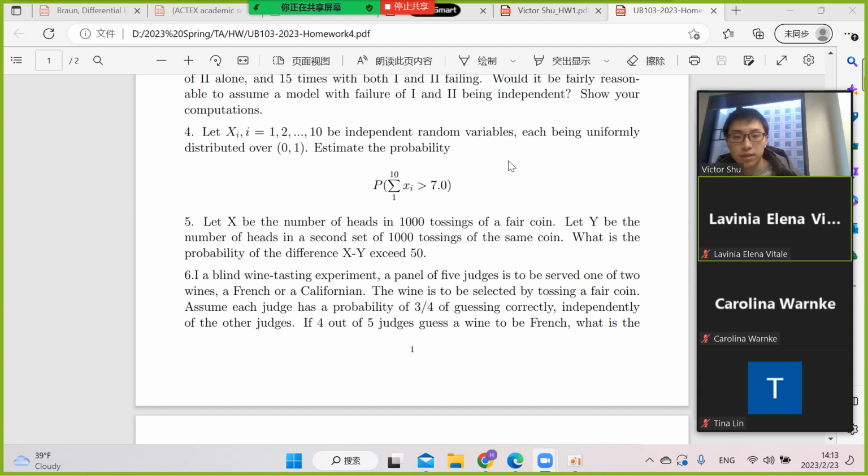Here we're going to utilize another formula, which is the variance of a plus b or a minus b is simply the variance of a plus the variance of b, plus or minus 2 times the covariance of a and b.